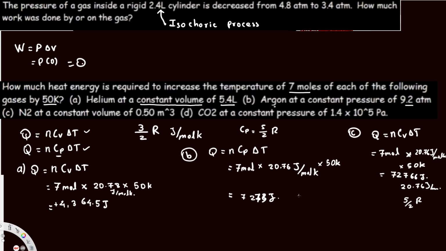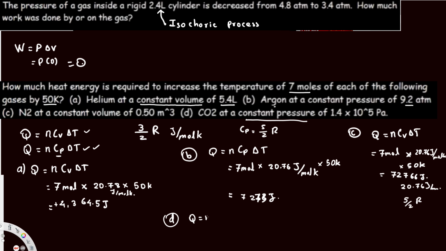And let's do the D part. The D part is asking CO2 at a constant pressure of 1.4 times 10 to the power of 5 Pascal. Constant pressure, so we are going to use the second equation, Q = nCp ΔT.